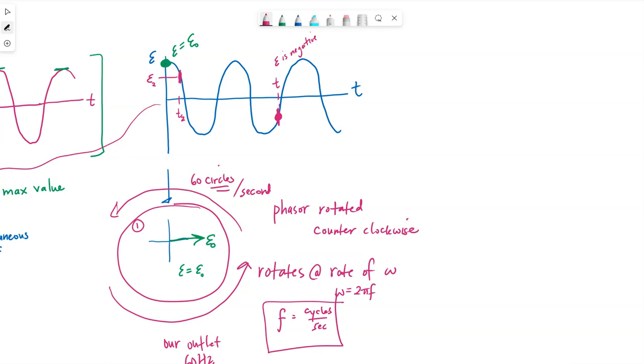It's negative at this moment, but it's getting closer to 0.